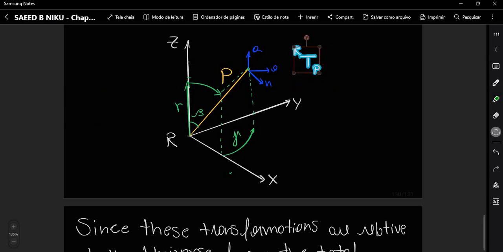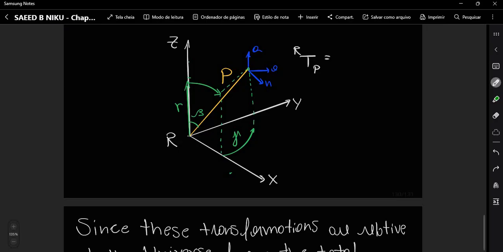Okay, and the second transformation, and again, this reference frame turns out to be a coordinate system, but right here on this origin, this reference frame turns into a reference to this other reference frame.